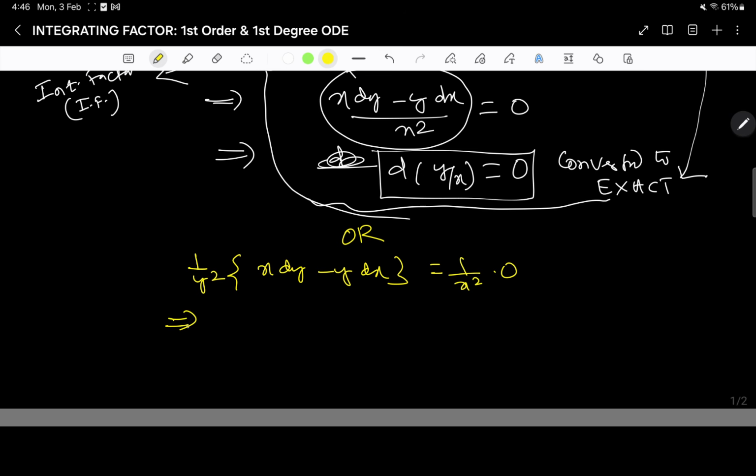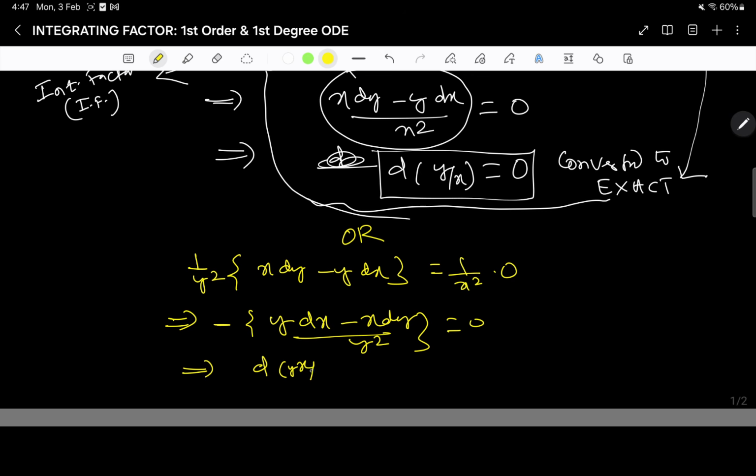This implies minus of y dx minus x dy by y square is equal to 0. Is it not d of minus of x by y, equal to 0?